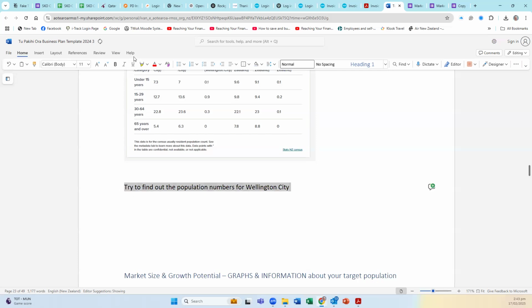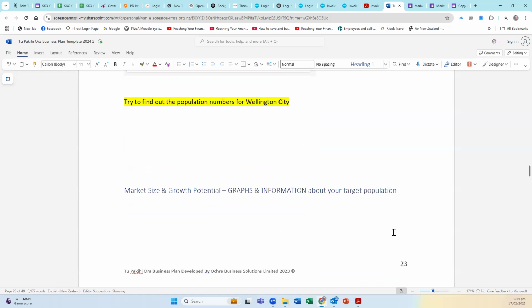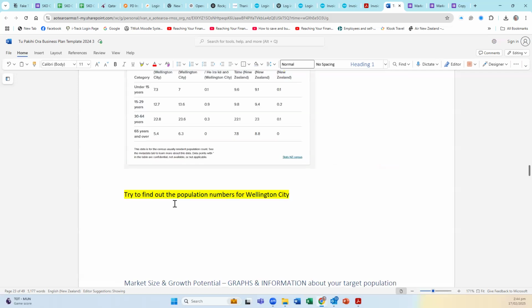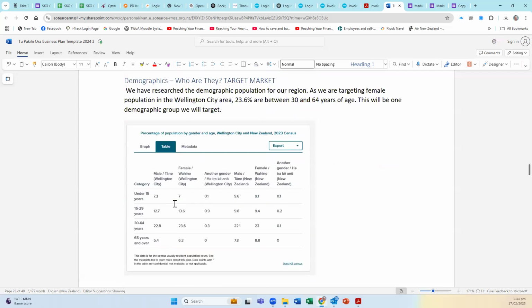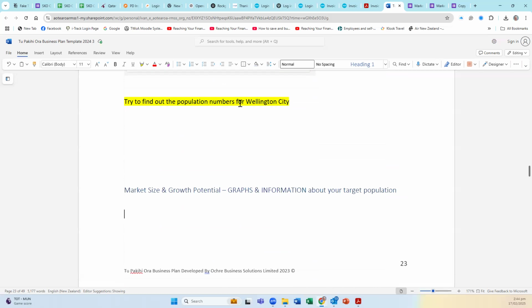Because that graph only gives you the percentage. It doesn't give you raw numbers. So it says there's 23% of, 23% of what? We don't know what the what is. So we just need to find out what that is. Now market size and growth potential. This is why we need to have the population numbers for Wellington to put in here.